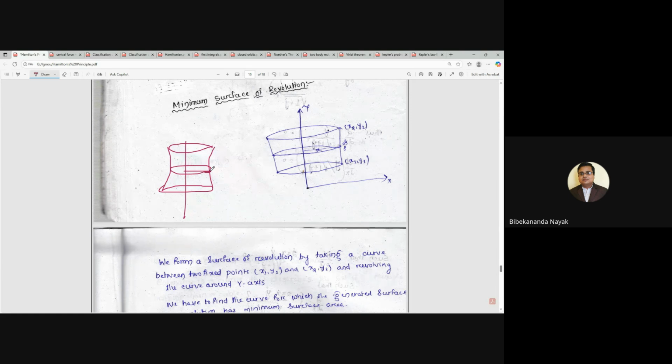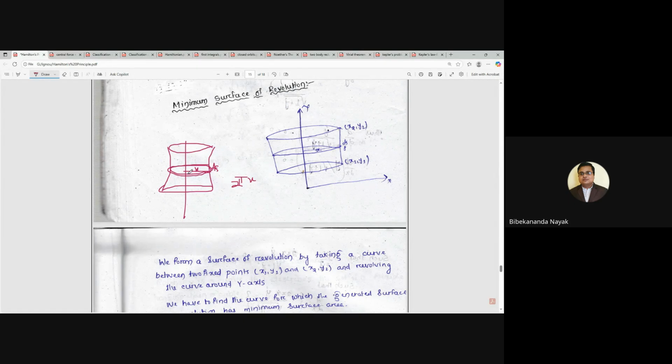If the distance is x, then what will be the area of this strip? Let's say at an x distance, with y, this is the ds. If it is at x distance, then the total perimeter of this circle will be 2 pi x.